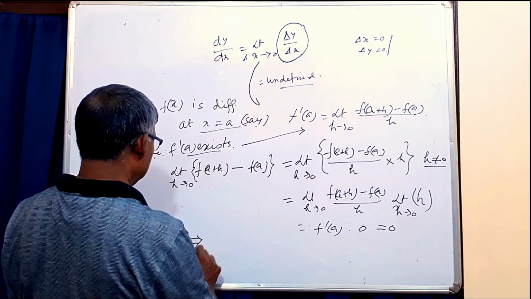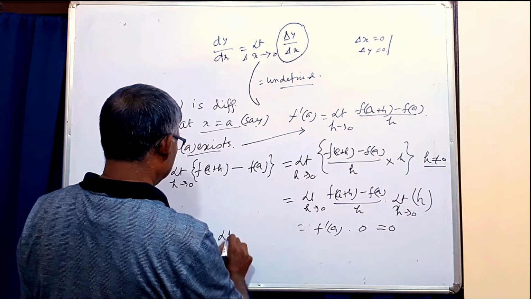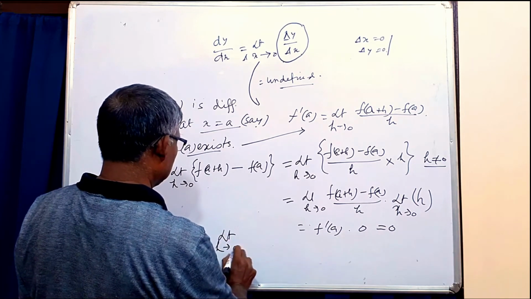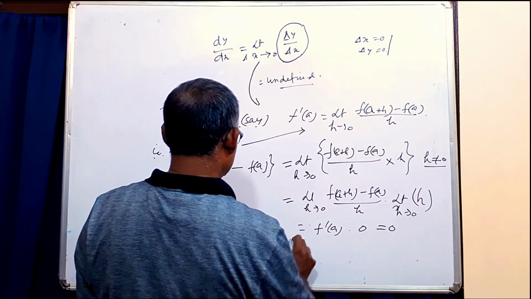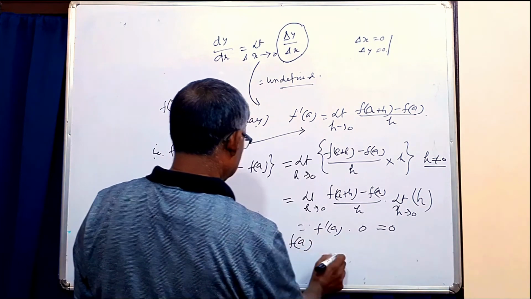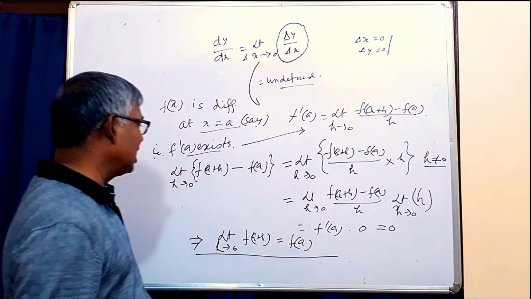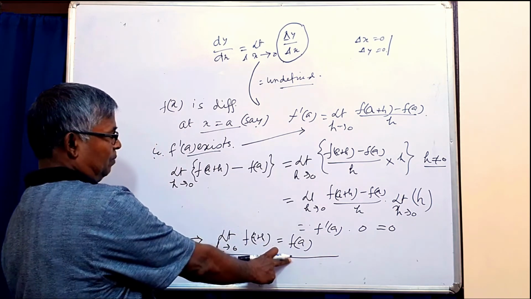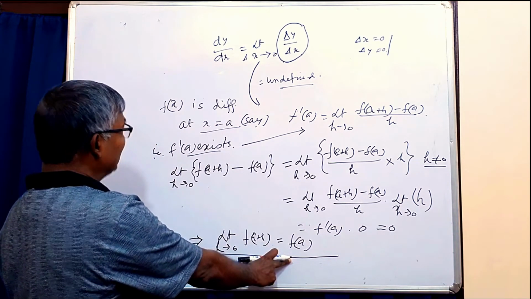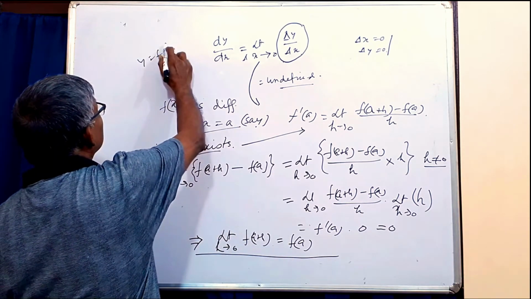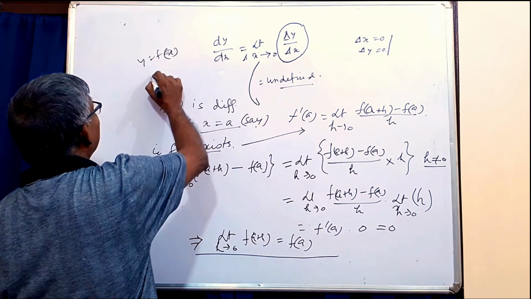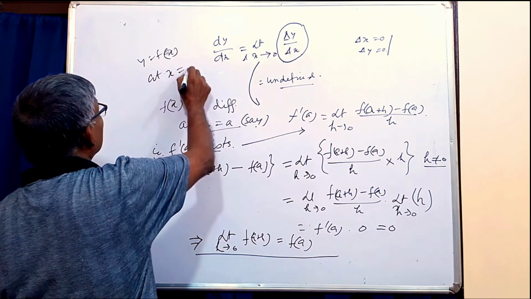This implies that limit of h tends to 0 of f of a plus h equal to f of a. You know, this is the very definition of continuity of a function y equal to f of x at x equal to a.